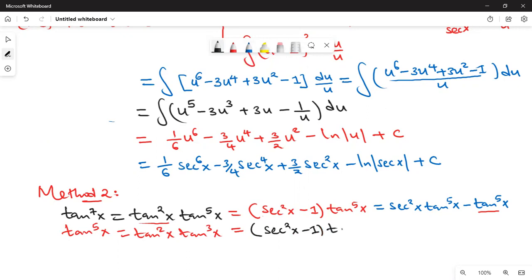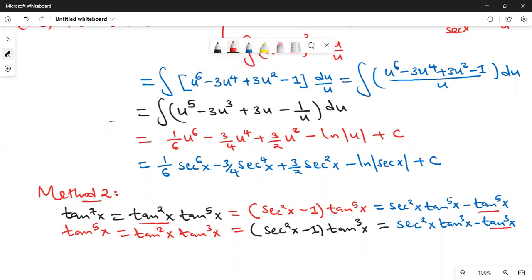Then we are multiplying by tan cubed x. If I open the bracket again, we are going to get sec squared of x times tan cubed x, minus, that should be a minus, tan cubed x.